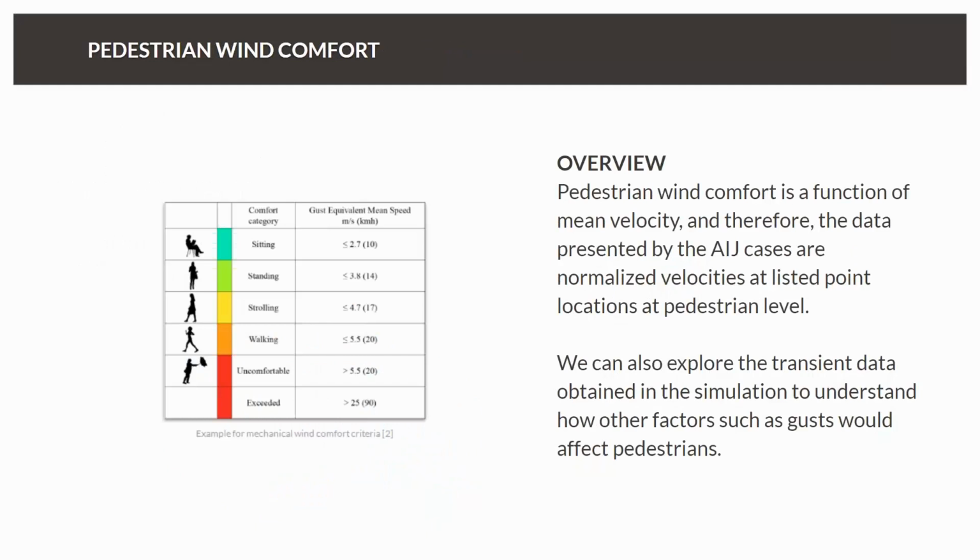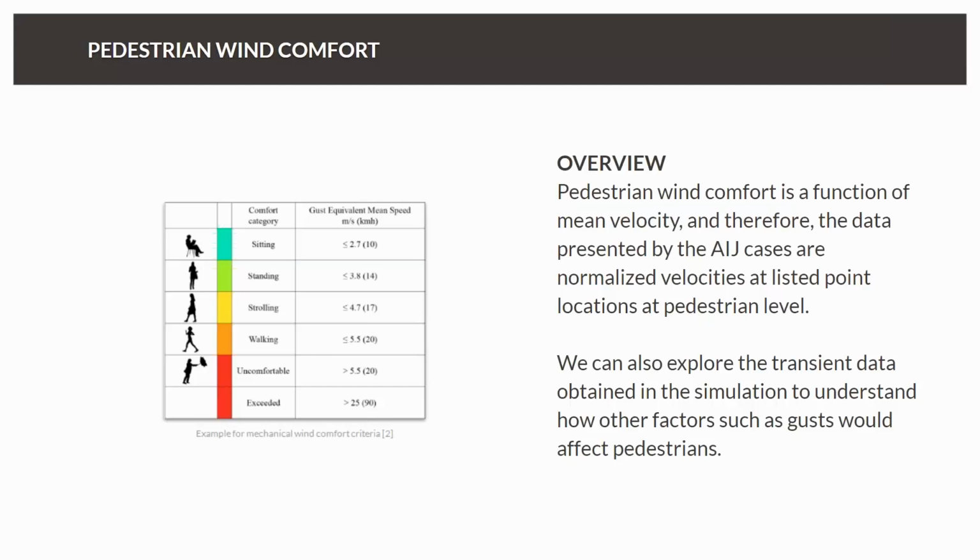So pedestrian wind comfort is a function of the mean velocity. So the AIJ recognised that, and all of their validation data is normalized velocities. So when we say normalized velocity, it's the velocity at a point normalized with velocity at another point. So we've done the same and compared the results.